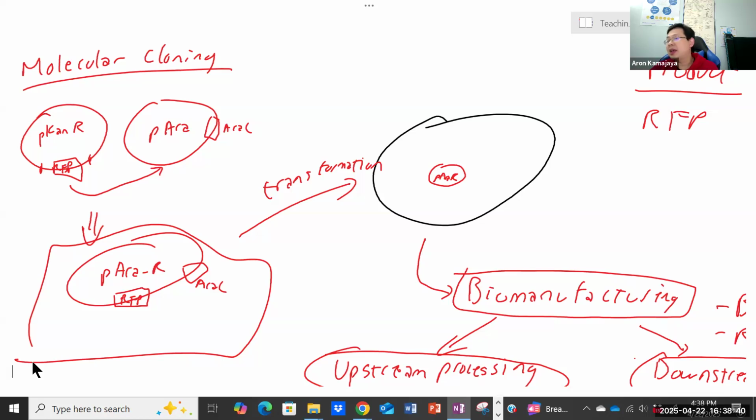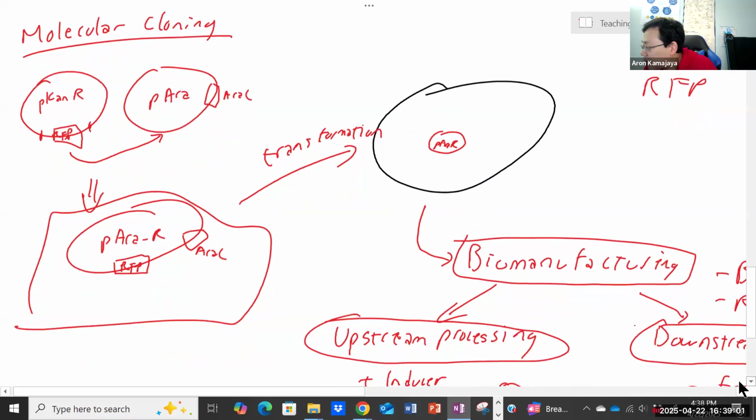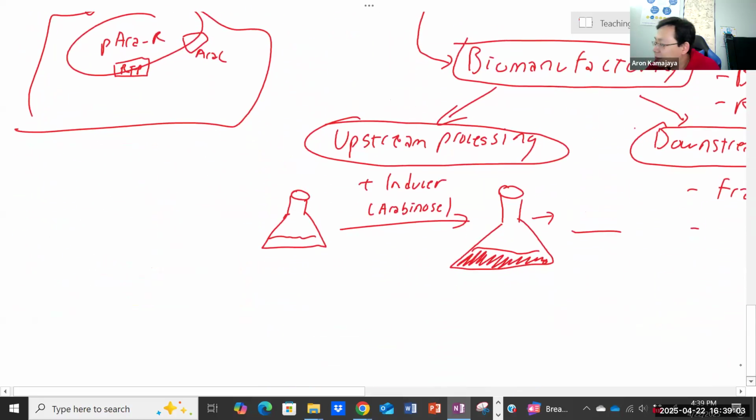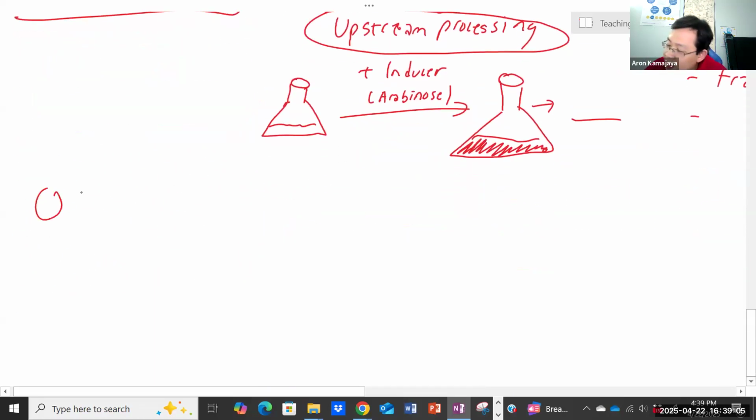And then once you're done with that, you're going to move on to grow your cells and have them express the red fluorescent protein. Okay, and this is a good segue to talk about the operon. So that's our next topic, which is the operon. Let me just write down operon.